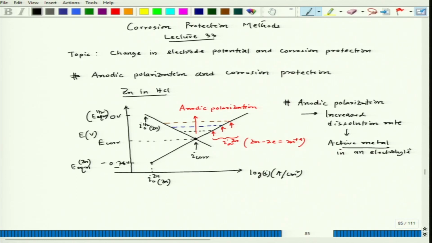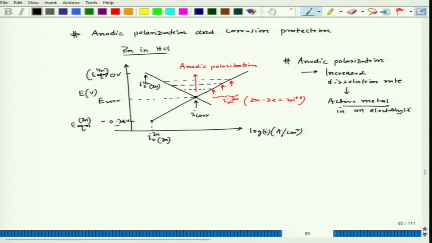Now, let us see what happens if we have an active-passive metal. This is of course specific to the composition of the metal plus the specific electrolyte.